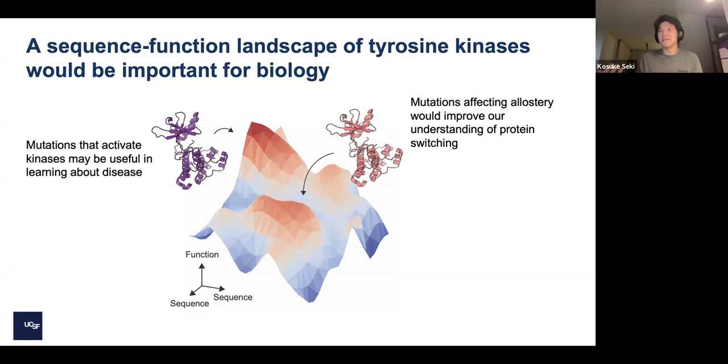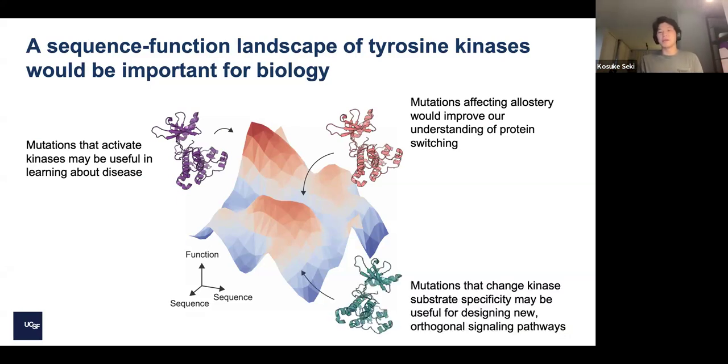There might be mutations that affect the allostery in a protein, so in response to a signal, it has this function, and that would help improve our understanding of protein biology. And from a more engineering standpoint, if we learn about the specificity of kinases, it might be useful for designing new types of orthogonal signaling pathways. This just stresses the importance of learning what these mutations do, so that we can understand these proteins better.